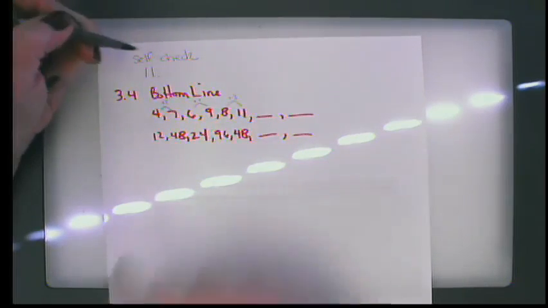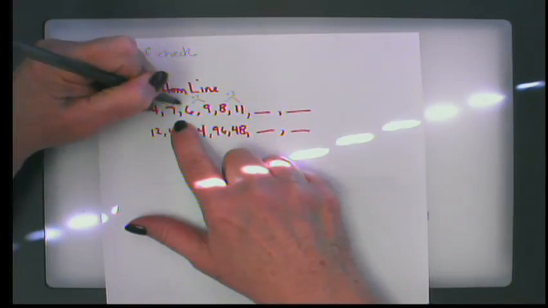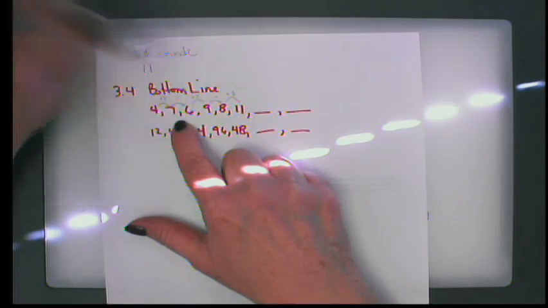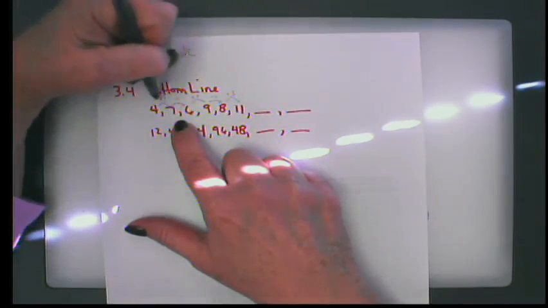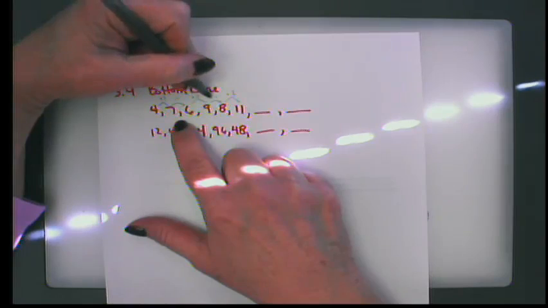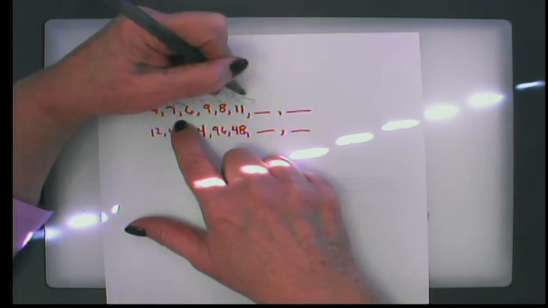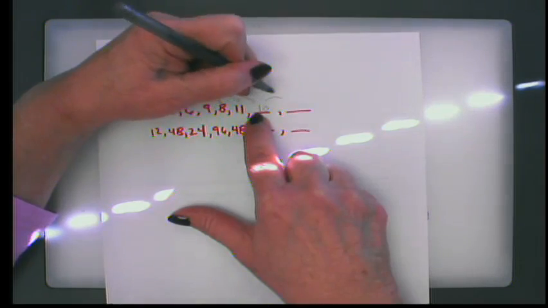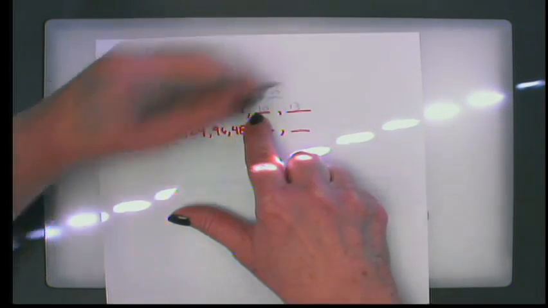Then look what happens in between. 7 to 6 is minus 1. 9 to 8 is minus 1. So that means if I go plus 3, minus 1, plus 3, minus 1, plus 3, this is probably minus 1, which is 10. And then this would be plus 3, which is 13.